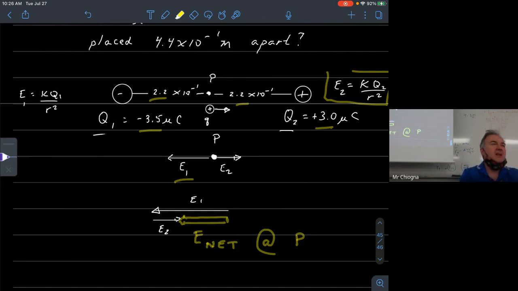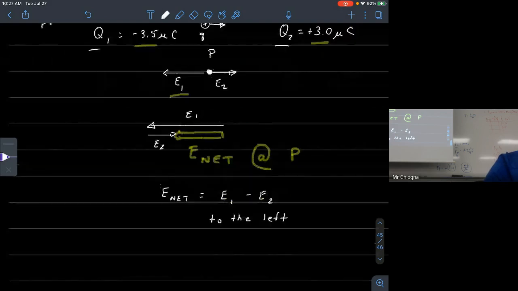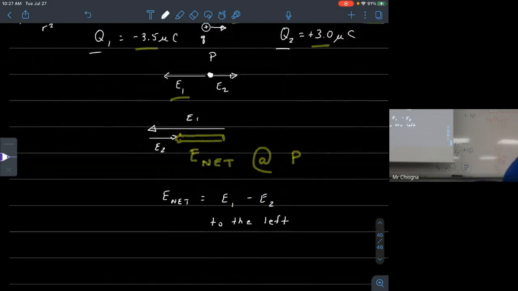I have to simply calculate E1 and E2. E net will be equal to E1 minus E2, whatever that is, and it's going to be to the left.